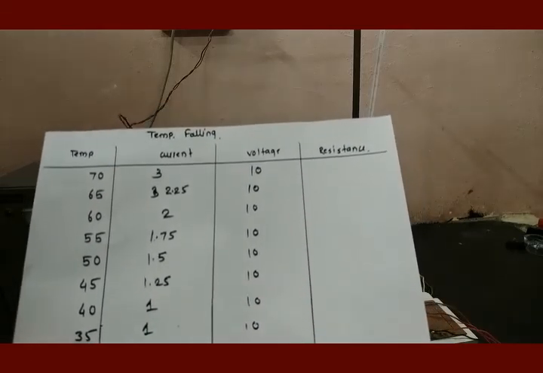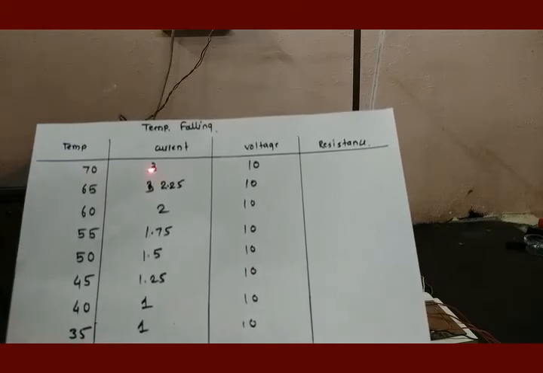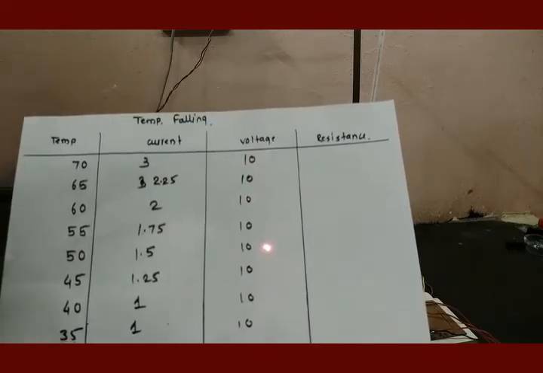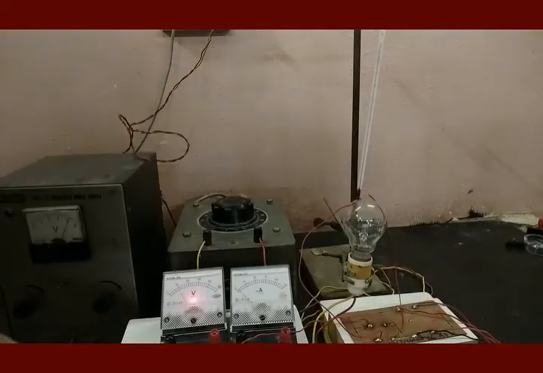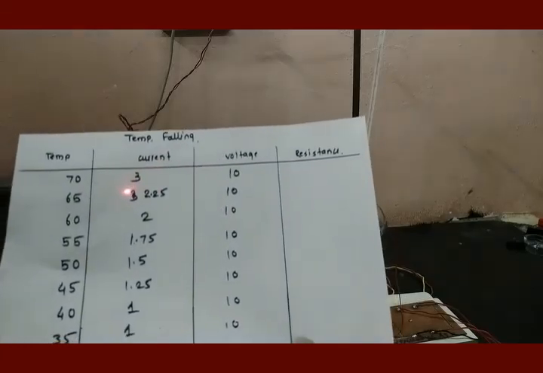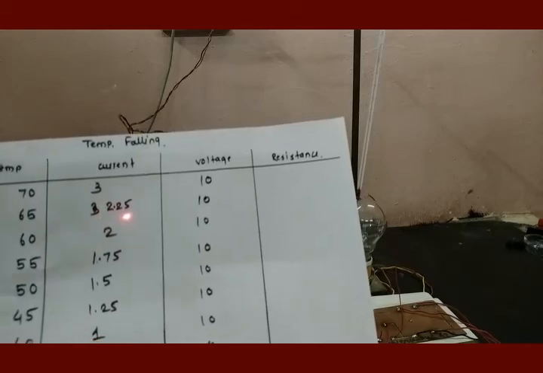And what you find here, at 70 degrees Celsius the current is 3 milliampere. If you see, the voltages are the same. It can even be seen from the voltmeter. You can see here from the voltmeter it is 10 volt constant, not changing at all. But as temperature is falling, the current is continuously changing. At 65 it becomes 2.25 milliampere.